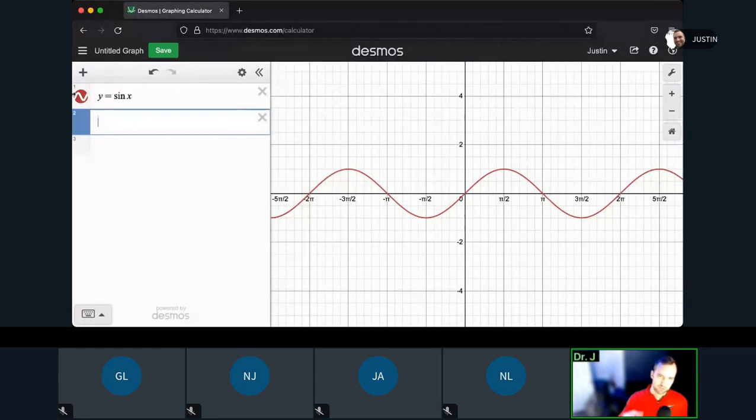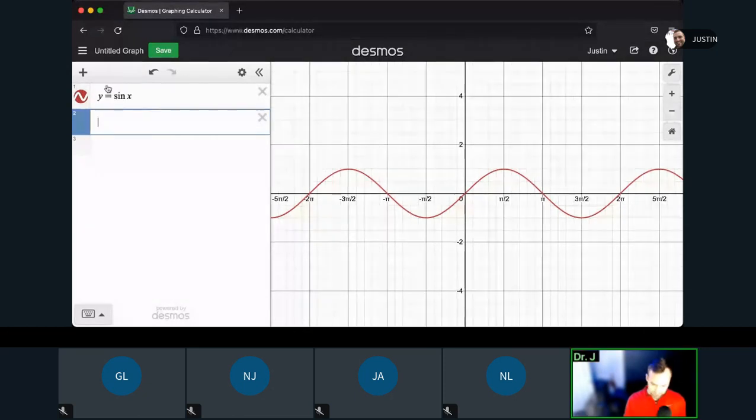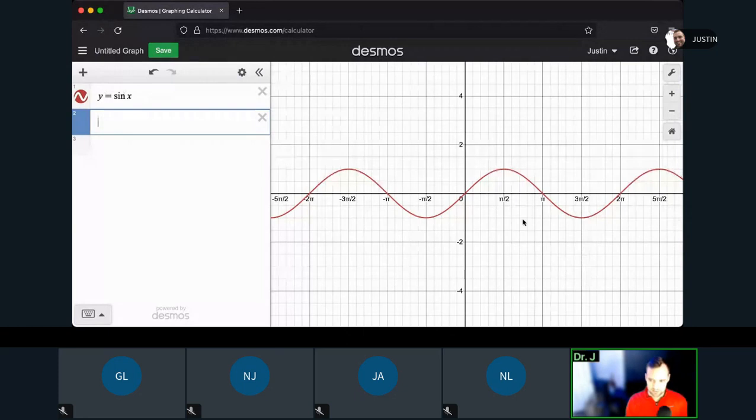So there's no shifting, there's no compression, expansion. It's the original function. That's a parent function. That's from last term. So sine of x: we start at 0, and then it starts to go up, and then back down to -1, and then back to 0.